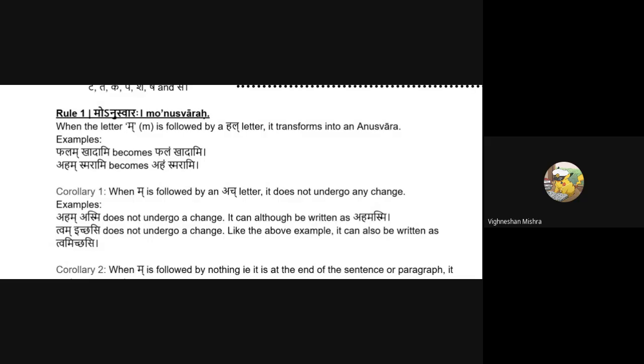But for writing purposes, it becomes a dot above. So sometimes you might see the dot, sometimes you might see the whole written. And the first rule is it transforms into an anuswara if it is followed by a hal letter, a consonant. Is it clear up till here?